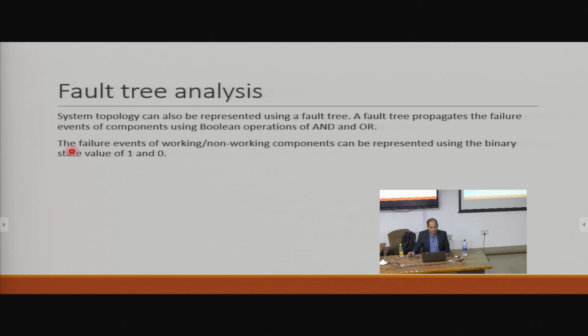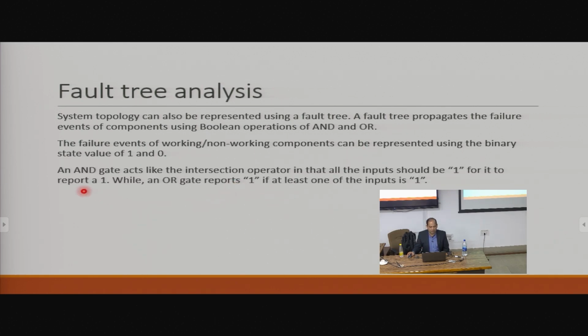Okay, so the failure events of working or non-working components, you represent them with a binary state of 1 and 0. Okay, so an AND gate acts as an intersection operator, meaning that both have to be 1 for it to report a 1, while an OR gate reports 1 if at least one of the inputs is 1.